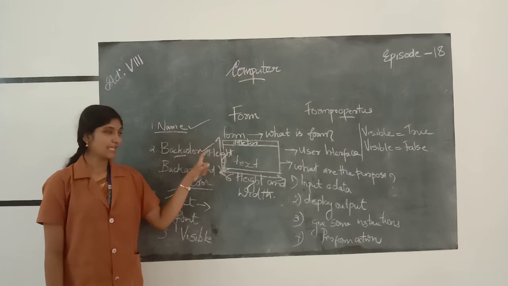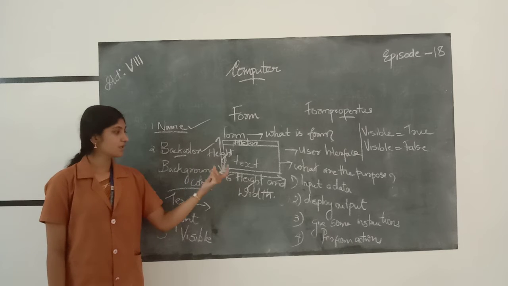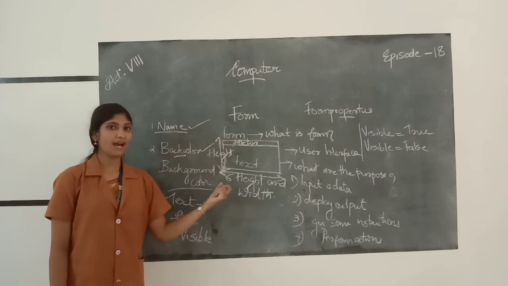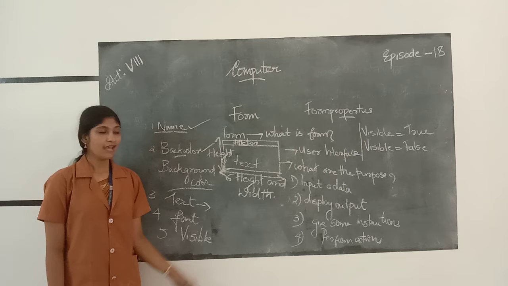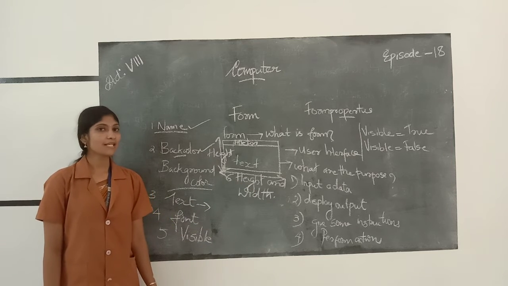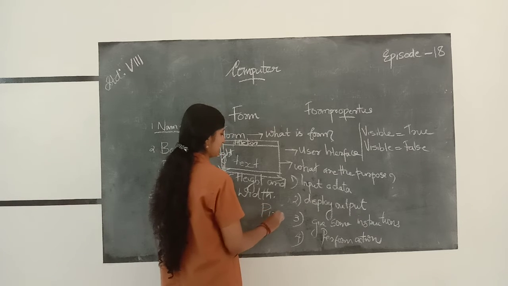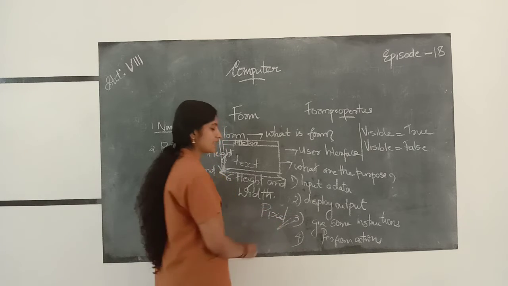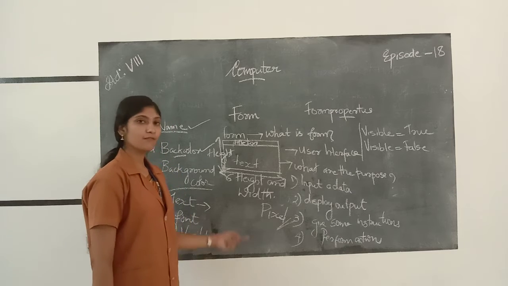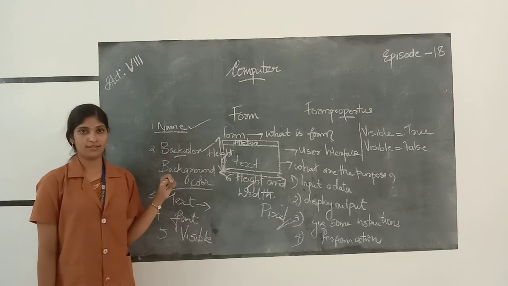And it should be written in which form? Pixel. It should be written in pixel units. So you can adjust the height and width using these properties.